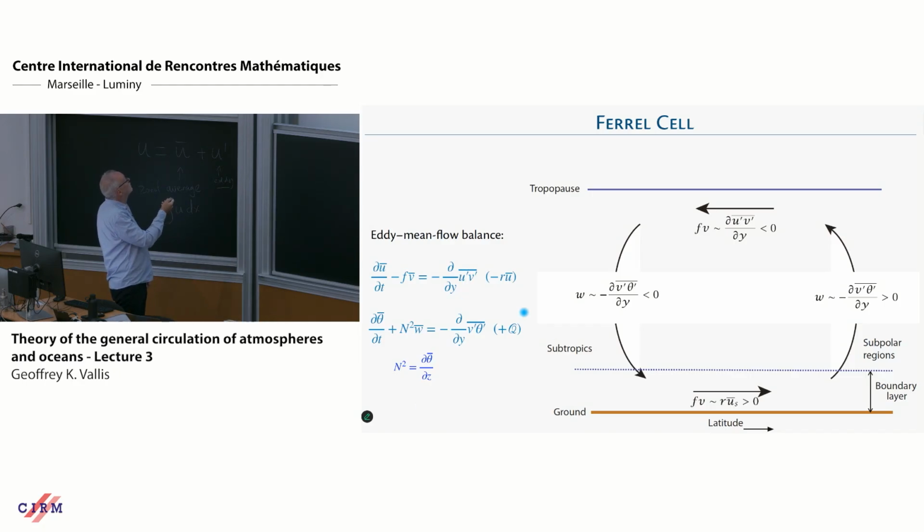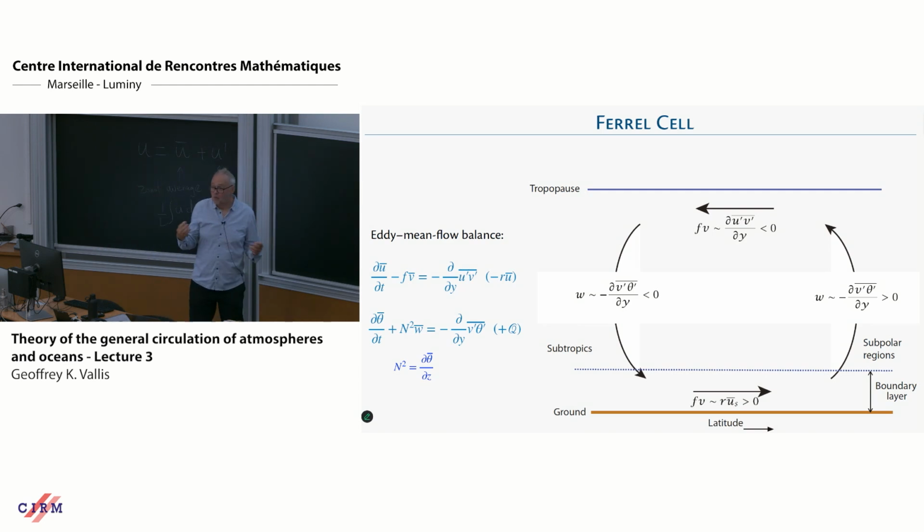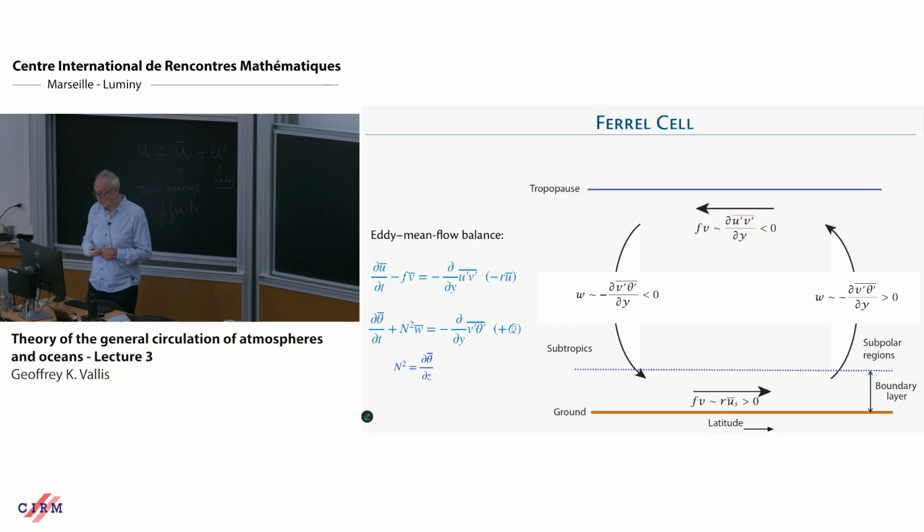And the same in the temperature equation. N squared is just the vertical derivative of the average temperature. And it's these eddy terms which are important. And why do they work in that particular way?